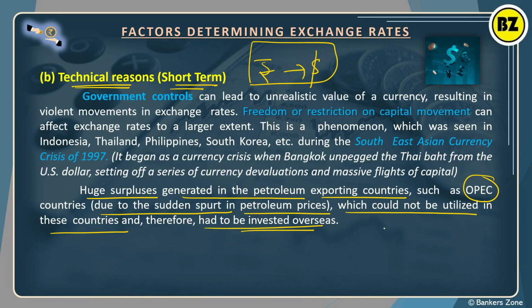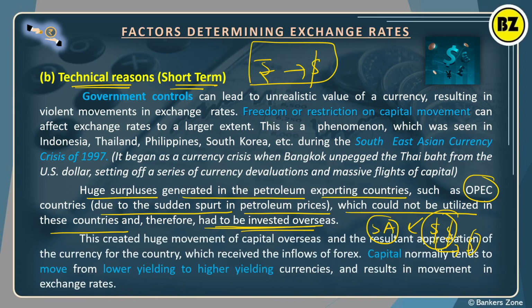see, a petroleum country like, say, Saudi Arabia, they are receiving a lot of money. Why? Because they have a lot of petrol, so they are receiving a lot of foreign currency. So obviously they have to invest that abroad, because they cannot utilize such a huge amount of foreign currency.